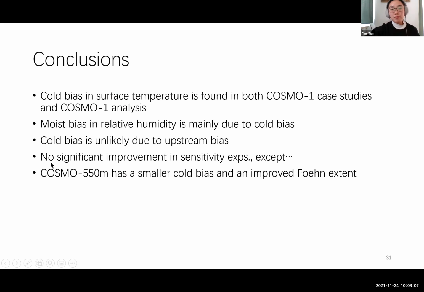By doing those sensitivity experiments, we don't find any significant improvement. This means it doesn't really make a difference if we decouple the atmosphere from the soil during a foehn event, except that we do see an improvement in COSMO 500 meters.